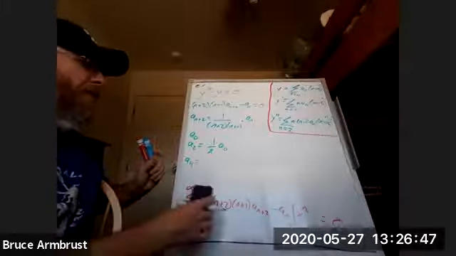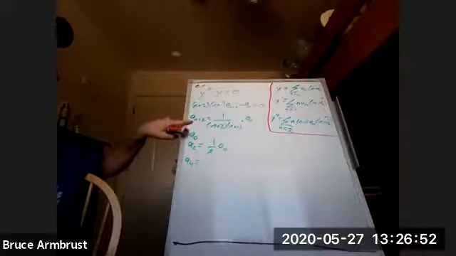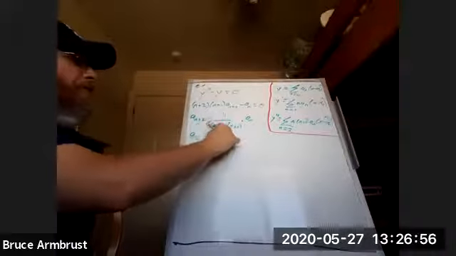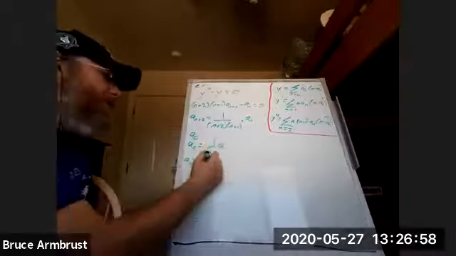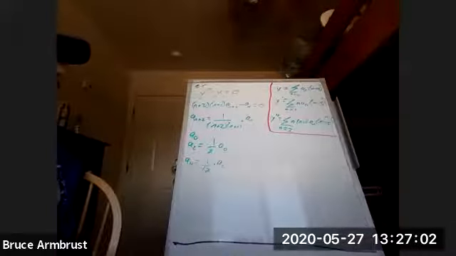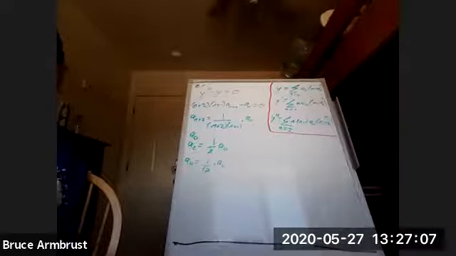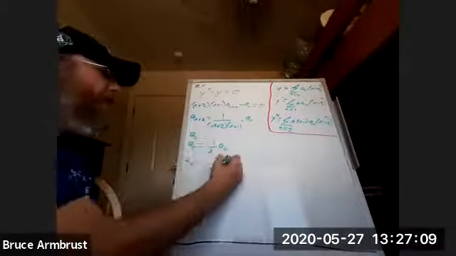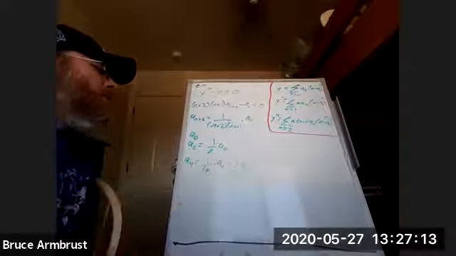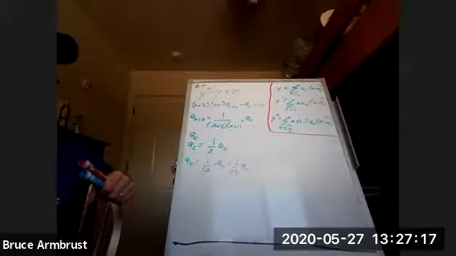Well, for A4 we're going to put a 2 in here for n. So we're going to get 1/(4 times 3), which is 1/12, but it's going to be 1/12 times A2. A2, of course, was 1/2 A0. So we're going to get 1/24 A0.